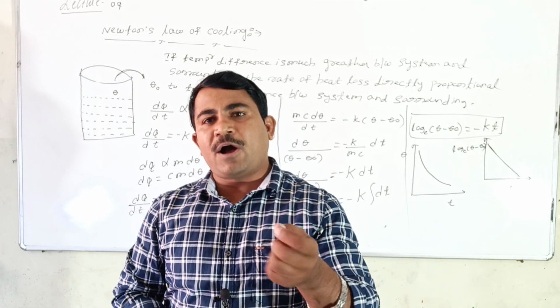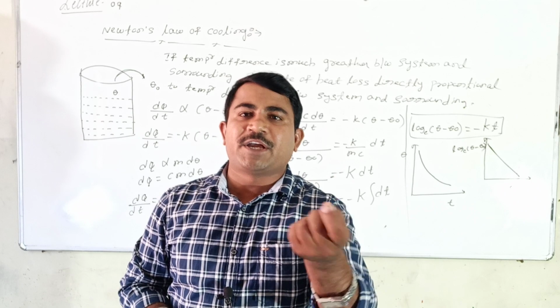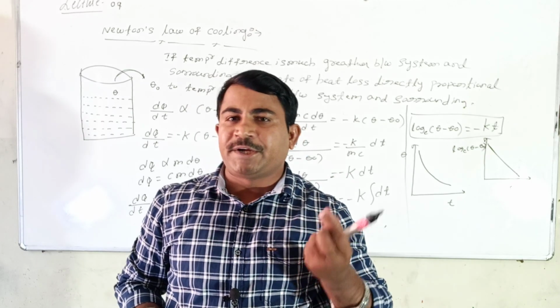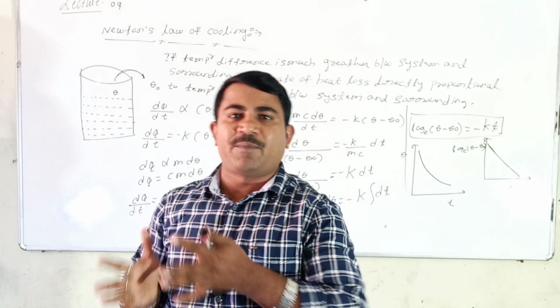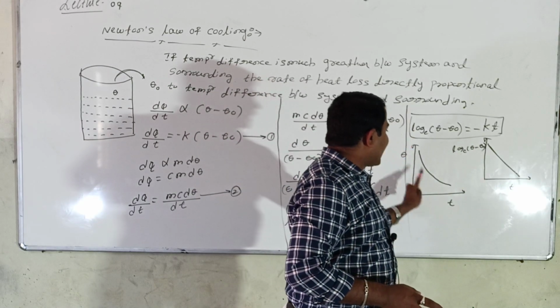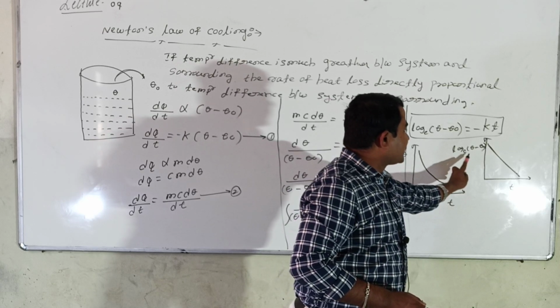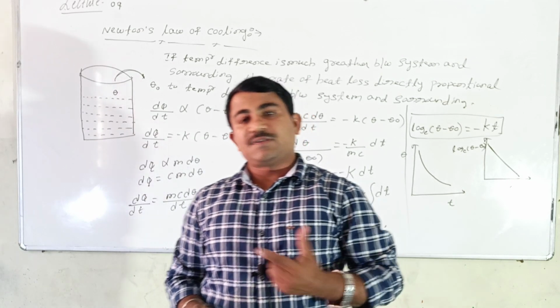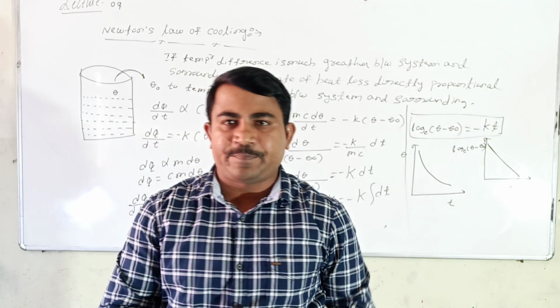If we note down the temperature after every 2 minutes, or plot after every 2 degree cooling, and obtain the graph versus time, we will get these two graphs. One is time versus temperature, the second one is log to the base e of theta minus theta naught versus t. So this is Newton's law of cooling.